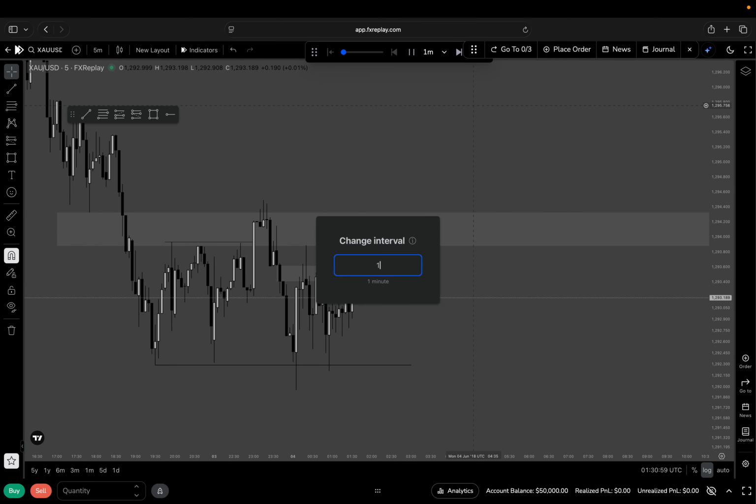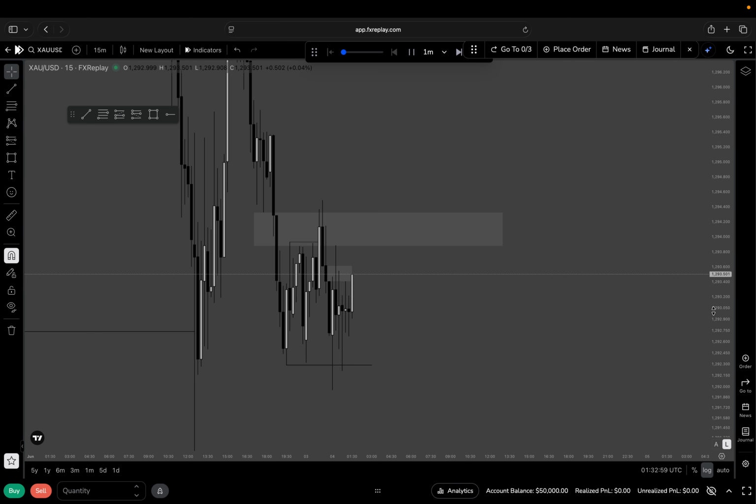Okay, we need a nice range. Let's see if we can break above these highs once again.